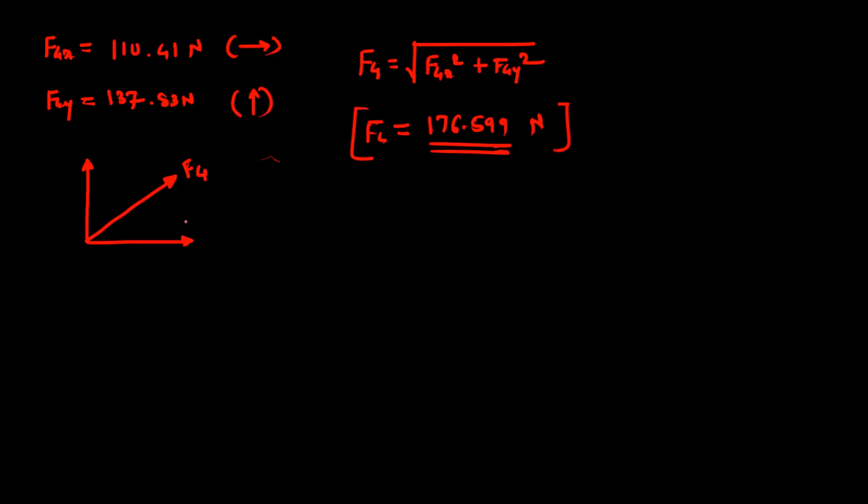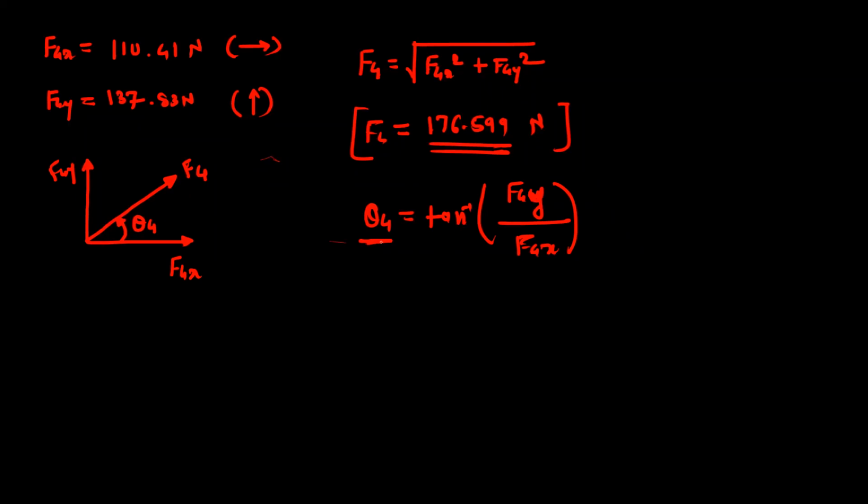Now its angle with respect to the x-axis, which is theta 4. So theta 4 you can find out as, actually this is F4x, this is F4y. So this is equal to tan inverse of F4y upon F4x. In the numerator always take the y component so that this angle will be with respect to the x-axis.